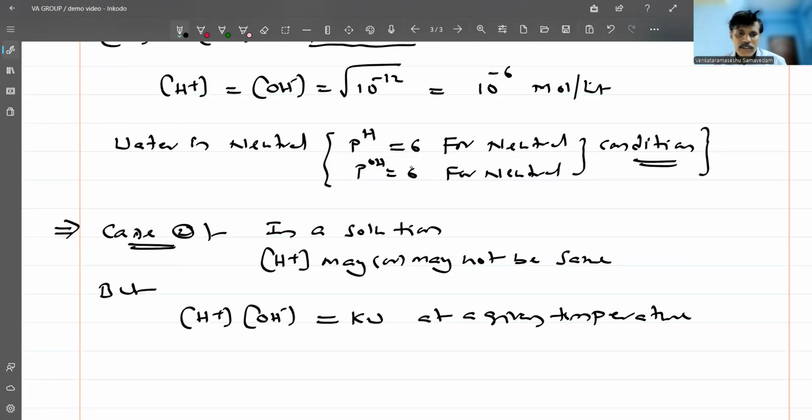Product Kw is fixed. Kw at a given temperature is constant. But H plus ions may or may not be equal to OH minus ions.